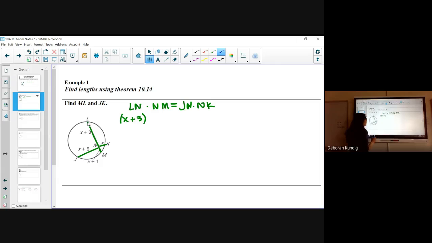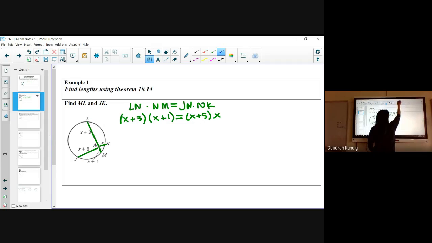All right, so LN has two terms, x plus 3, so I put parentheses. And this piece NM is x plus 1, is equal to JN, which is x plus 5, times x. So in this first one, the left side is FOIL. X times x is x squared.